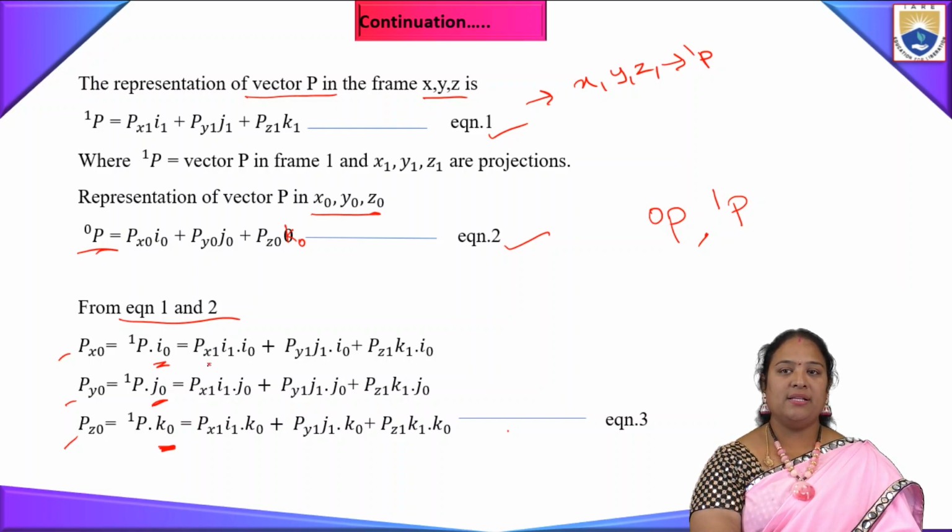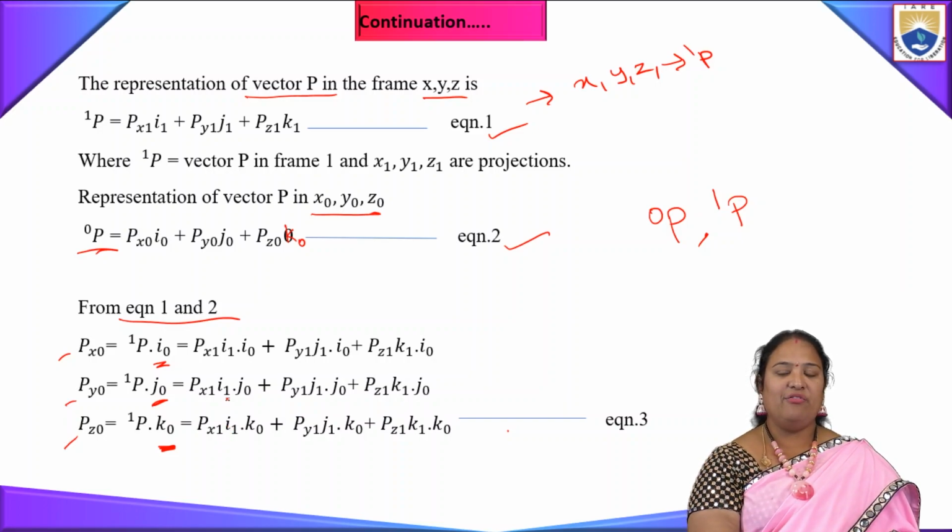So here px1, i1 into i0 plus py1, j1 into i0 plus pz1, k1 into i0. This is one equation for px0. When we consider py0: px1, i1 into j0 plus py1, j1 into j0 plus pz1, k1 into j0 is the second equation which we get.